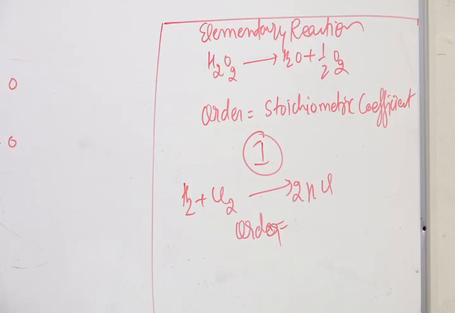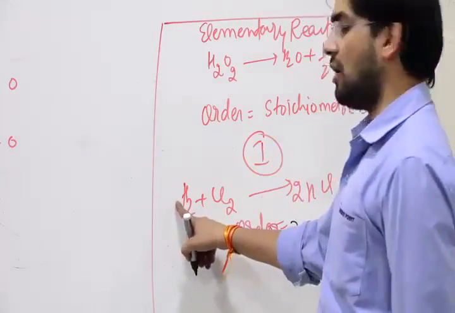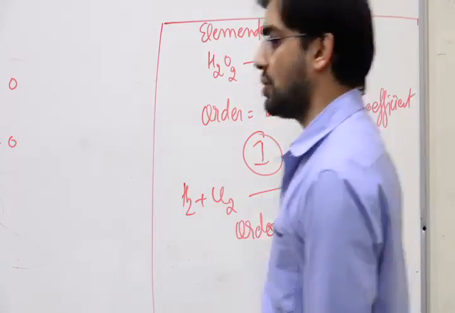The order is 2. 1 mole, 1 mole added gives 2.